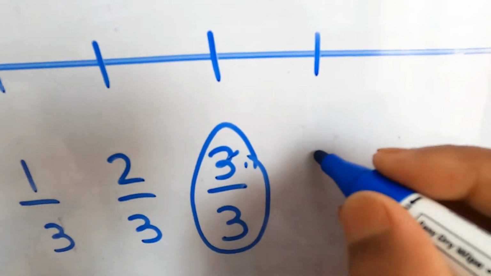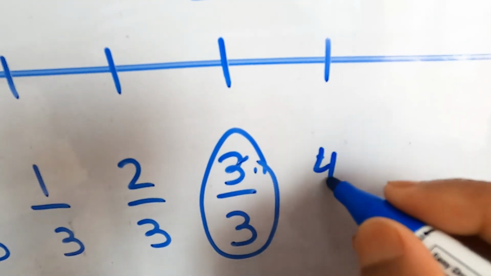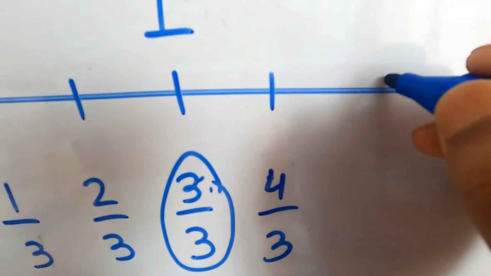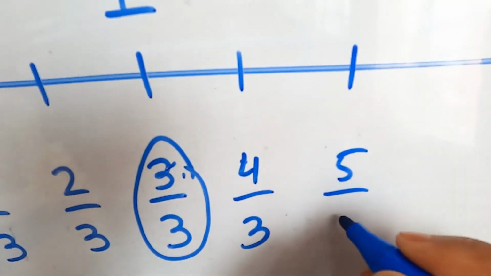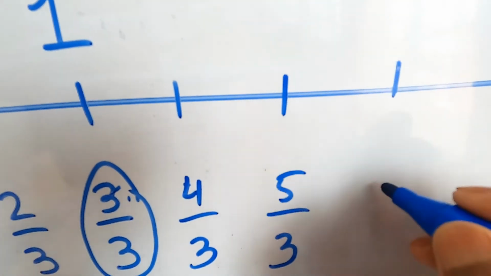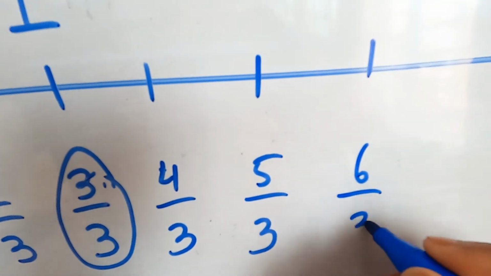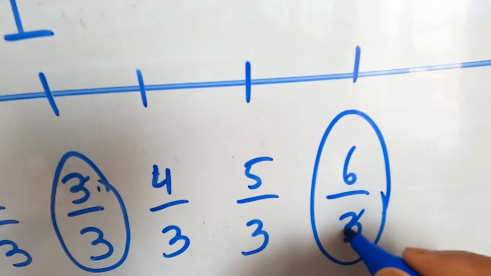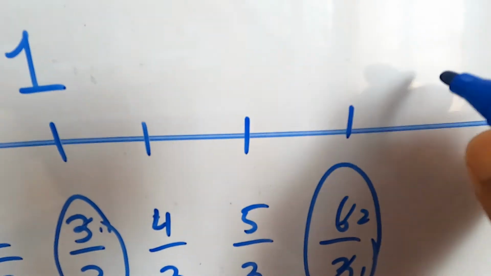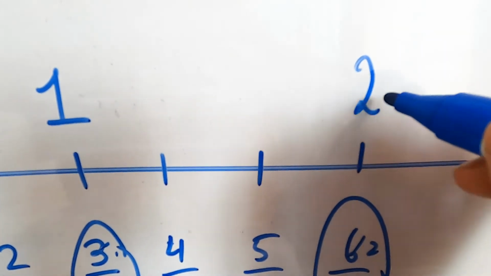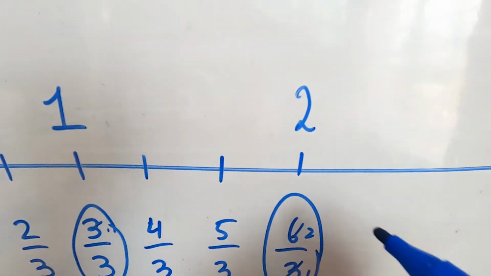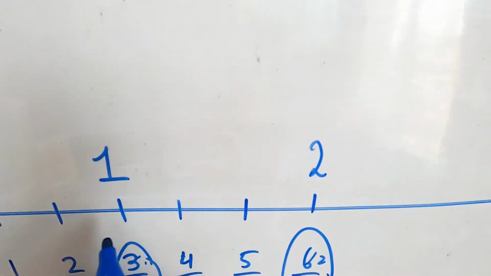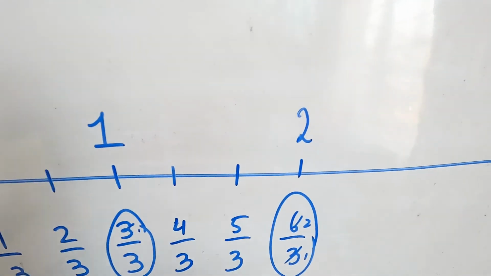Alright, next we have 4 by 3. This will be 5 by 3. So this will be 6 by 3. So in this case also 3 1s are 3, 3 2s are 6. So this is 2. Alright, 2. So this is the number 2 of the number line system.